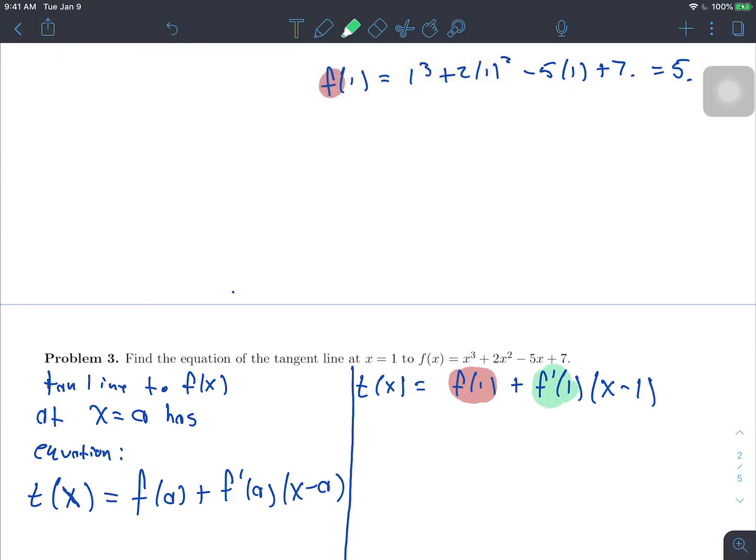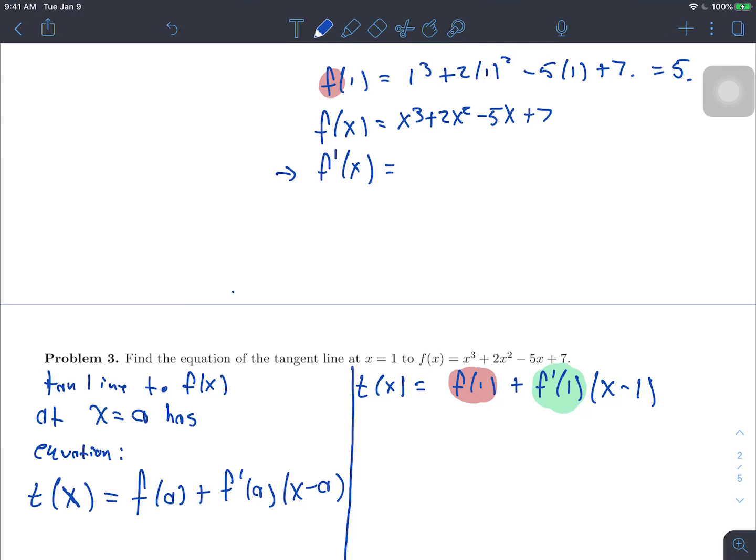So to find f prime of 1, we need to plug 1 into f prime of x. Well, let me start with f of x. F of x is equal to x cubed plus 2x squared minus 5x plus 7. Let's figure out f prime of x.